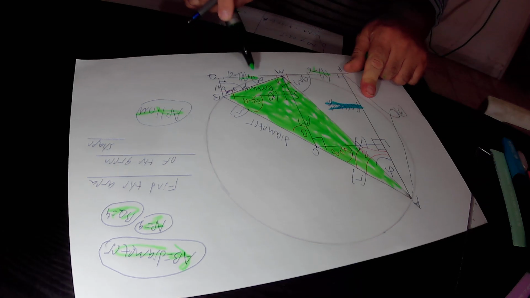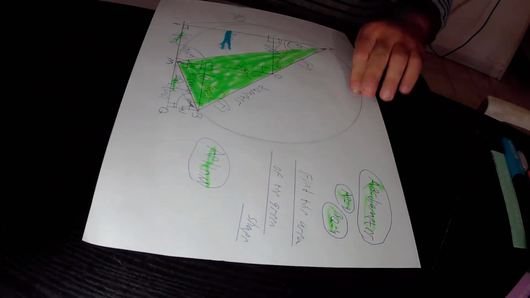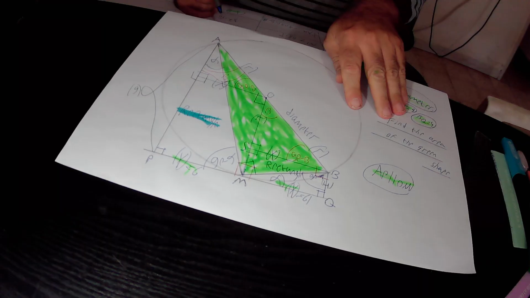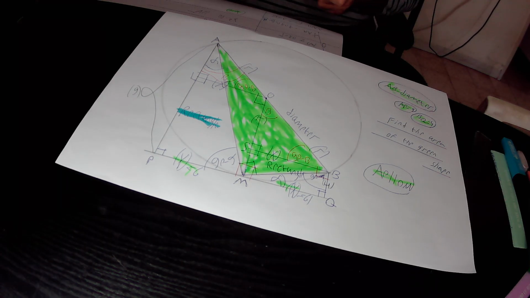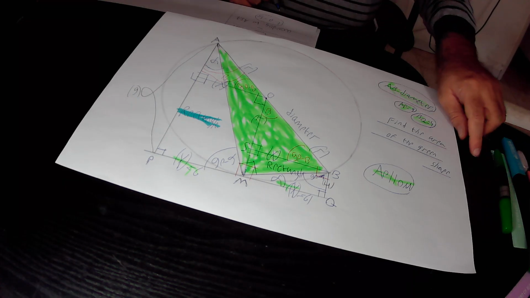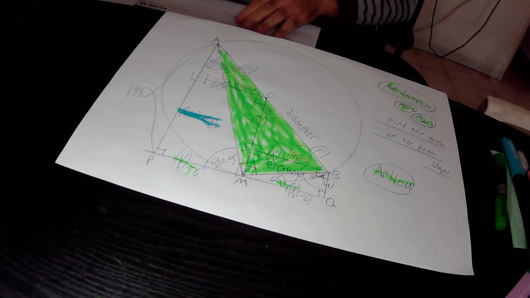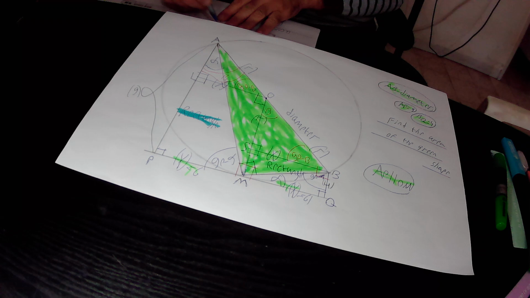In the next step, we will implement the Pythagoras theorem on this small right triangle BMQ. According to the Pythagoras theorem, in any right triangle, the square of the hypotenuse equals the sum of the squares of the perpendiculars.